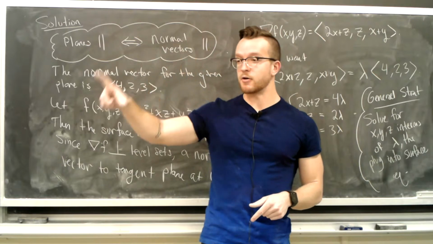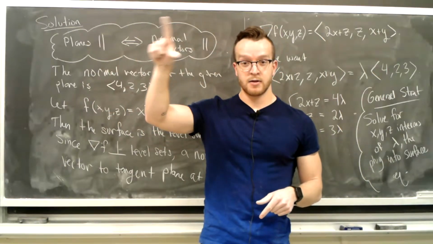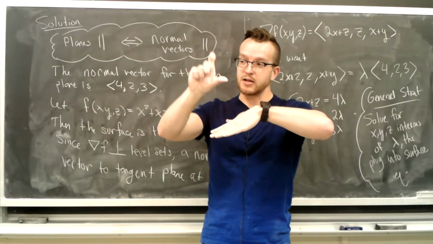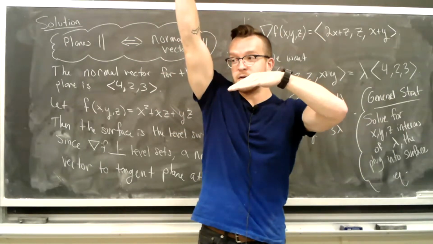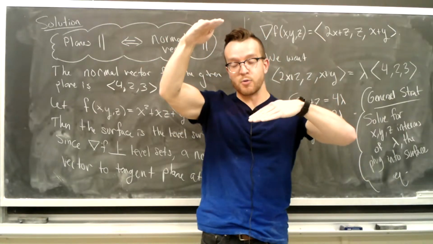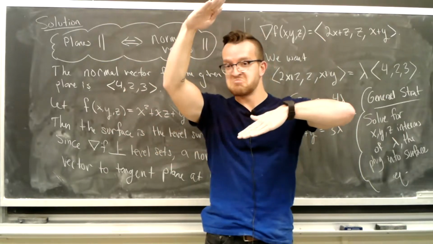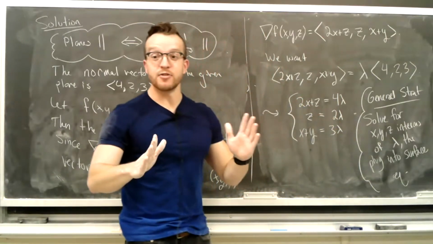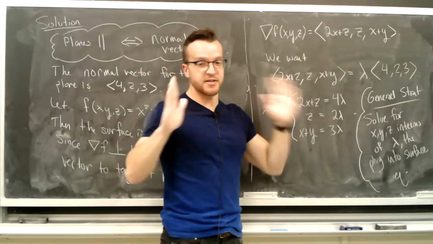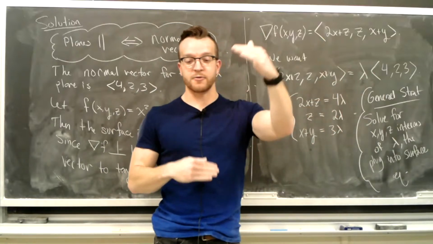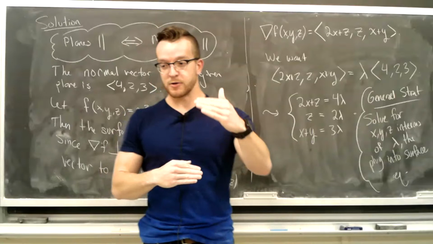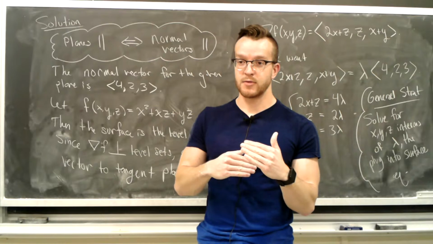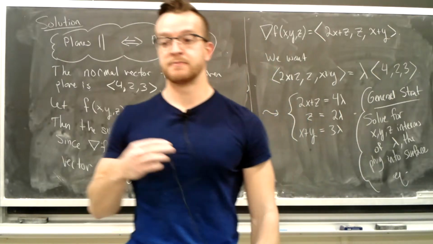It has a length of its own, and you can't do anything about that. Let's say the planes are parallel here. Maybe the gradient vector is this long. Is that necessarily going to be equal to the normal vector here? No, it might be some scalar multiple, and we need to account for that possibility. So that's the only role of the lambda: we're accounting for the fact that the normal vectors we write down might not be the same. They might just be multiples of each other.